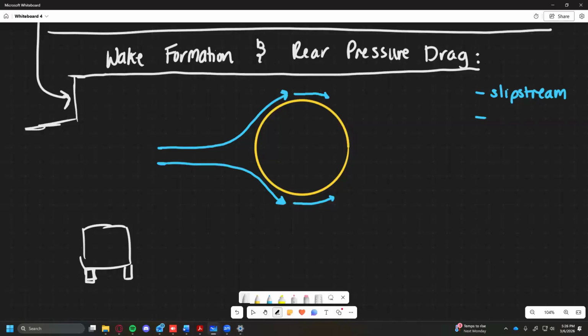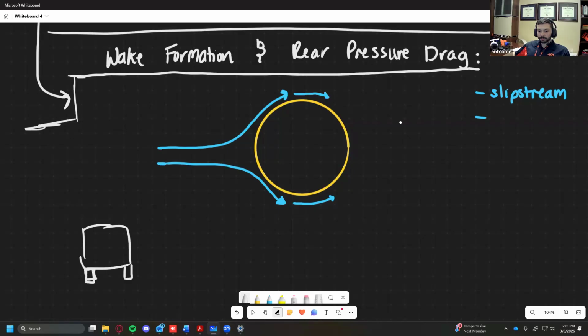So how many of you have been in a car behind a truck like this and you feel yourself this sort of motion, this sort of swaying in your car? Like you kind of feel like you're getting pulled left and right. Like what's going on here? You ever felt that?